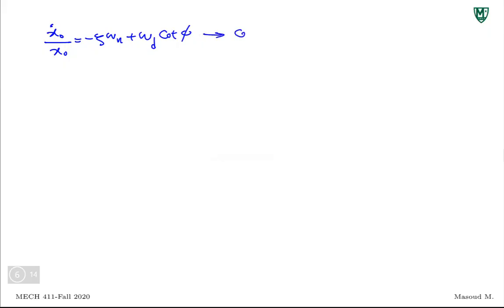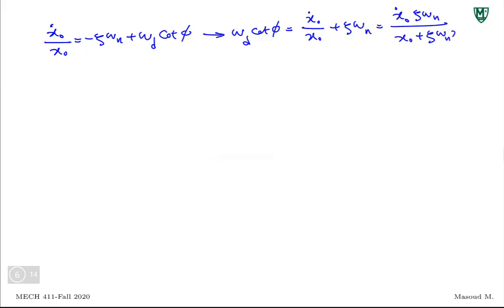So I'll be able to find phi from here. If I move things around, let me do it step by step. So it would be omega d cot phi is equal to x naught dot over x naught plus zeta omega n, which you can write this way: x naught dot plus zeta omega n x naught over x naught.